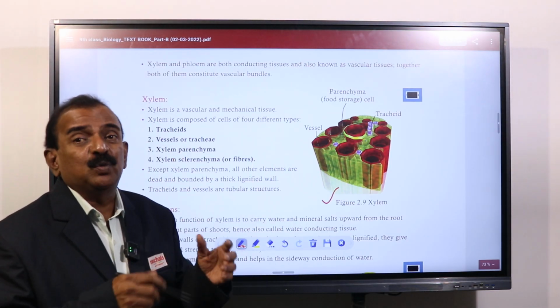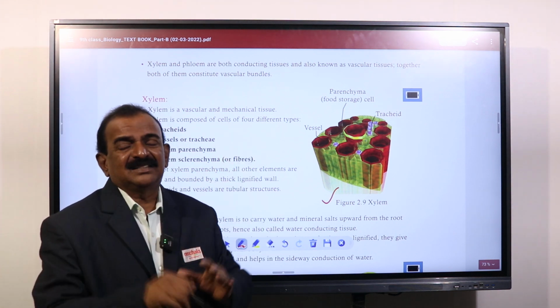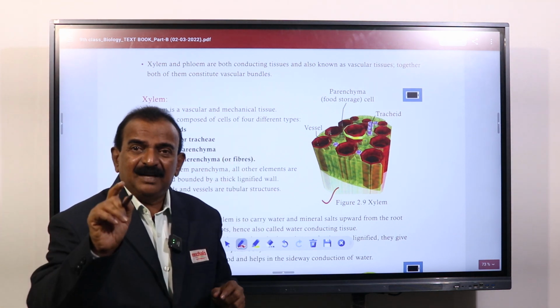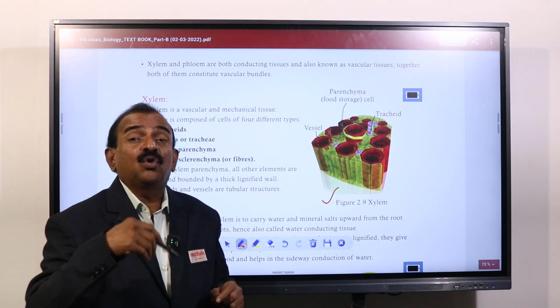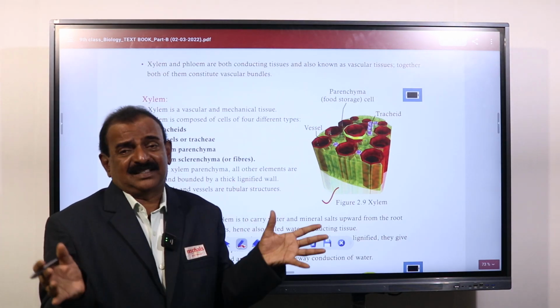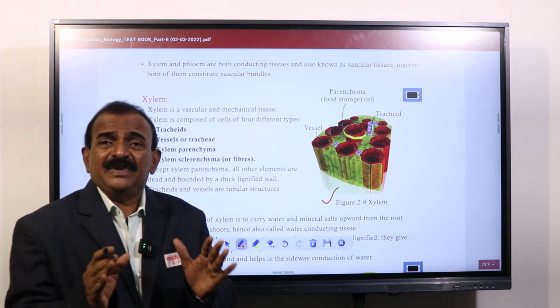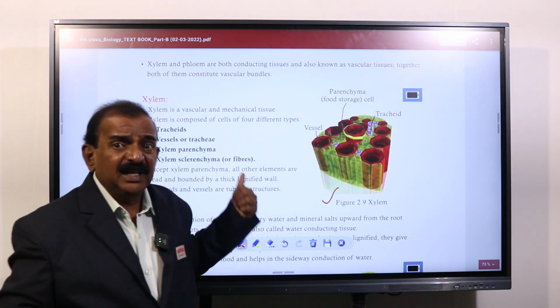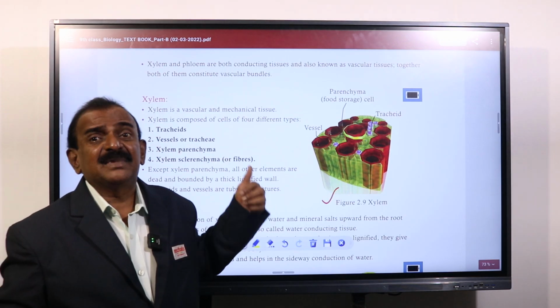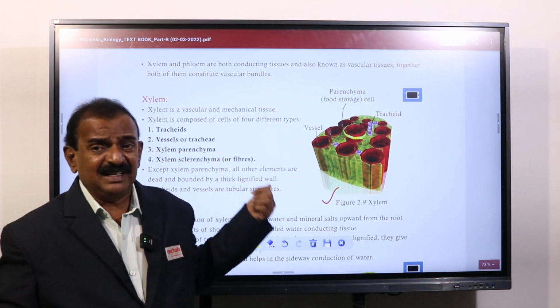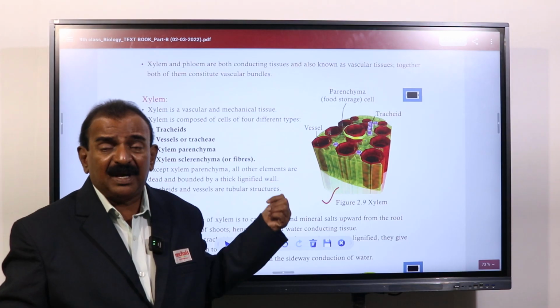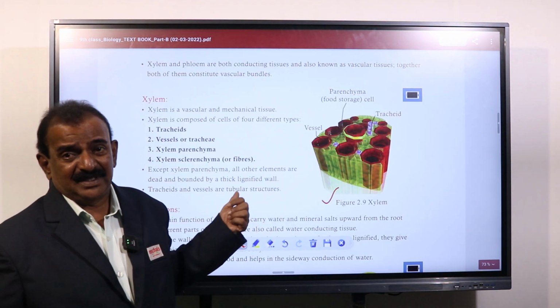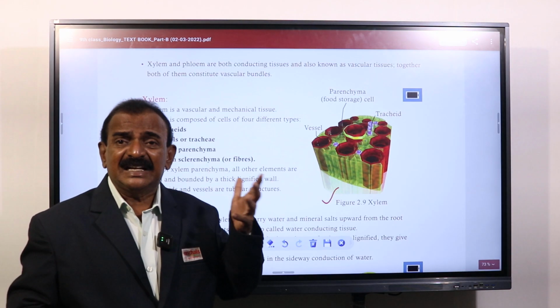The xylem tissue has tube-like structures, channels, and it consists of four types of different cells. Four types of different cells are present in xylem vessels: tracheids, xylem trachea, xylem parenchyma, and also xylem fibers, which are also called xylem sclerenchyma.